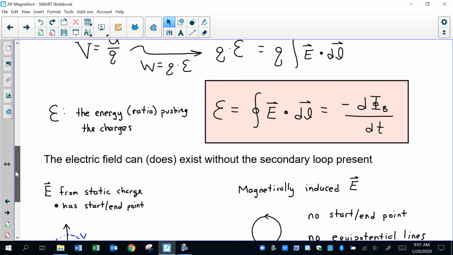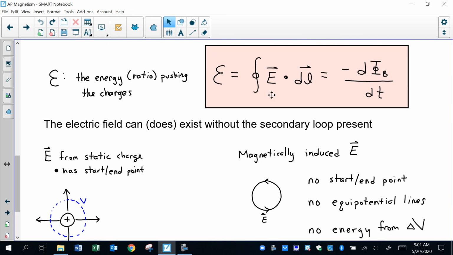So when I come down here, we get this equation that shows us the EMF is going to be, if we do a line integral of E dot dL, it gives us that EMF.